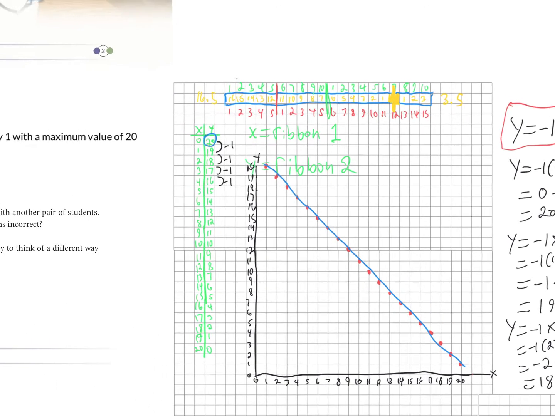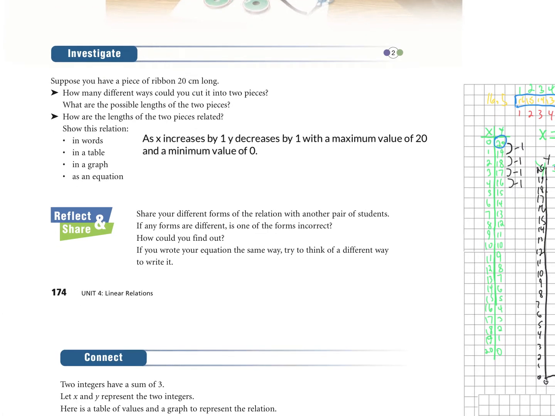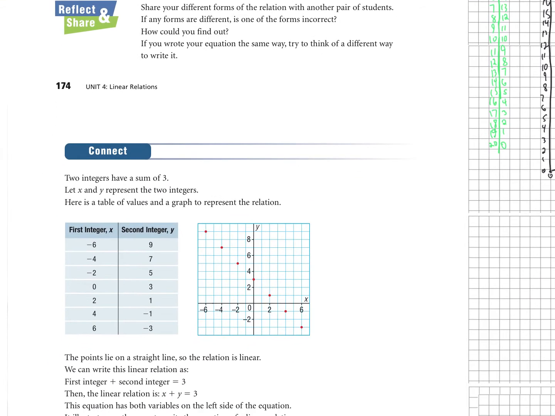And now that I know the relationship between x and y, I was able to verbalize it in words. As x increases by 1, y decreases by 1 with a maximum value of 20 and a minimum value of 0, meaning that neither x or y can go above 20 or below 0. Okay, so now let's go down further to this next section and connect.